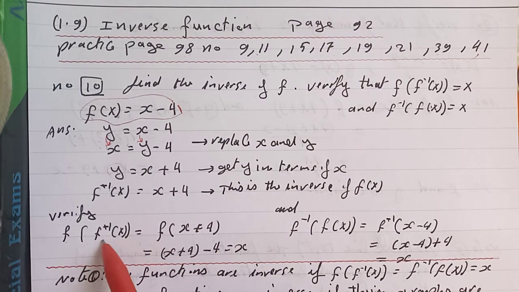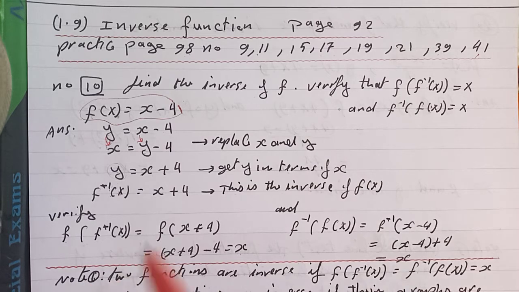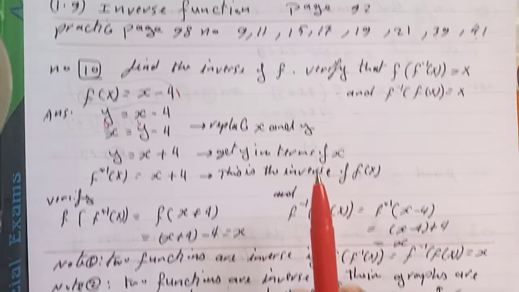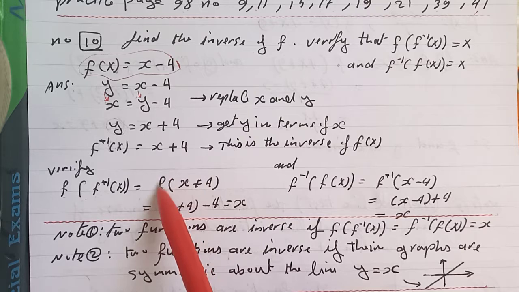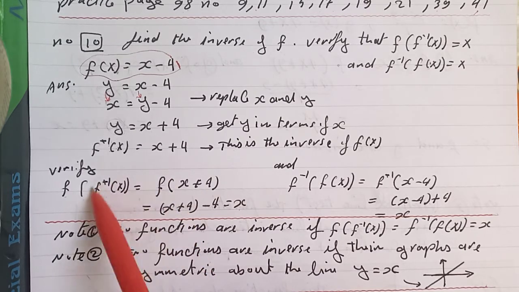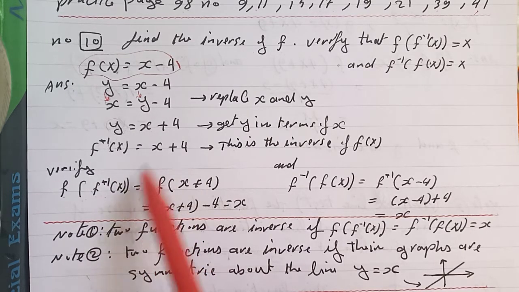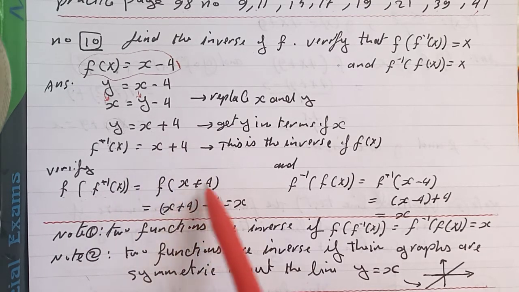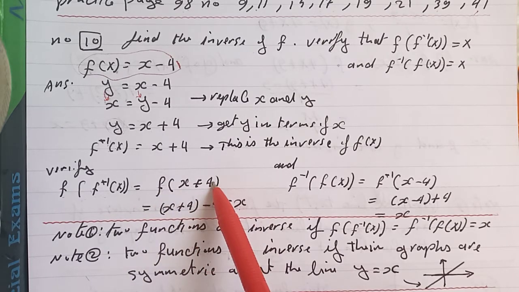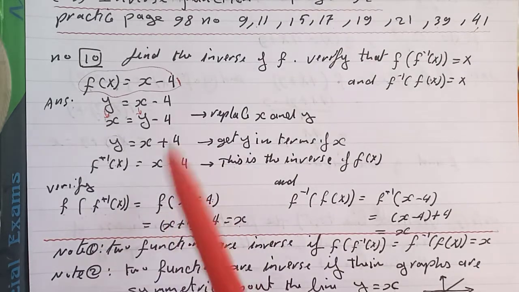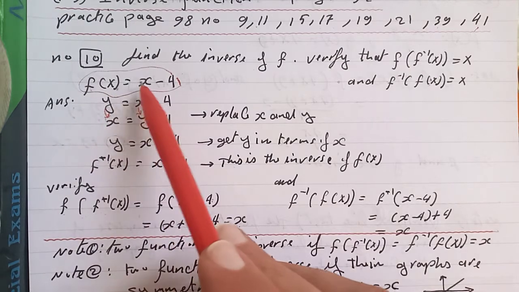Remember how can we get the composite function? Keep f, get f minus 1 of x. Where is f minus 1 of x? This one, x plus 4. And then you want to get f of x plus 4. Go to f of x, it will be x minus 4.